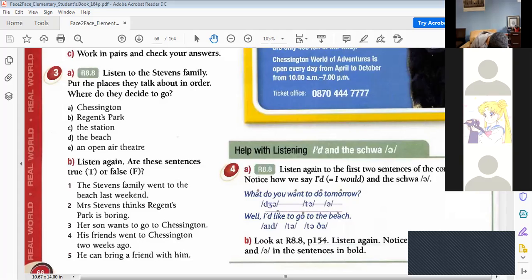So where would you like to go? I want to go to Chessington. Oh, I don't think so. It's a long way. But my friends went there last week. There are lots of animals and some great rides. It sounds fun. But you can see animals in Regent's Park. That's where London Zoo is. Look, your mum's right. The park sounds good. Let's go there. You can bring a friend with you. Yeah, okay. Can I ask Jason? Fine. Tell him to be at the station tomorrow at 9.